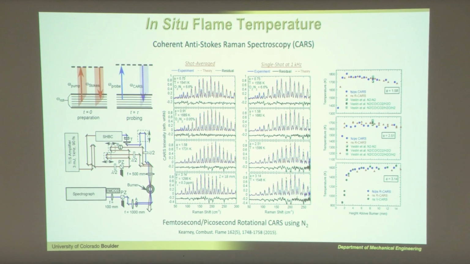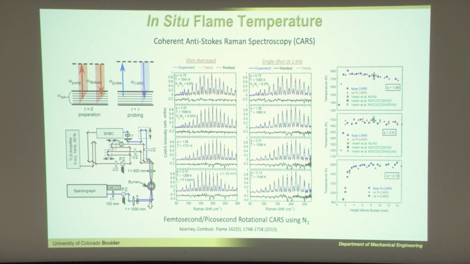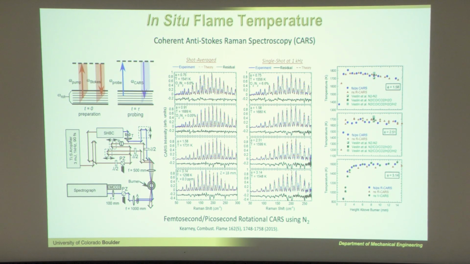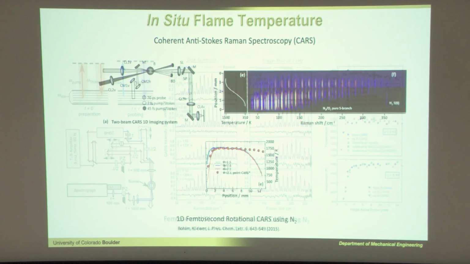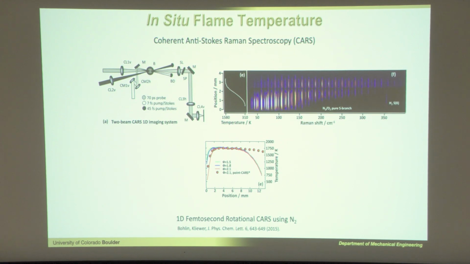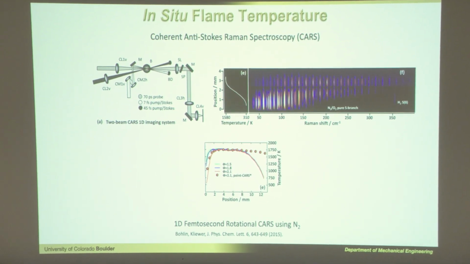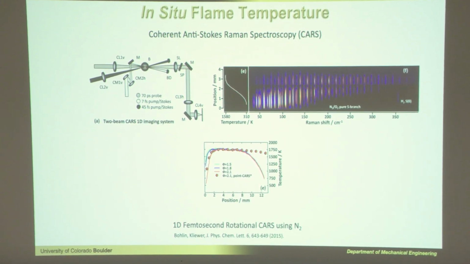Okay. So these techniques seem to work really well when you do the comparison. And here's an example where they did the whole measurement with a laser sheet, so they could get a line temperature, like they could get spectra at a whole bunch of different heights in the flame simultaneously.